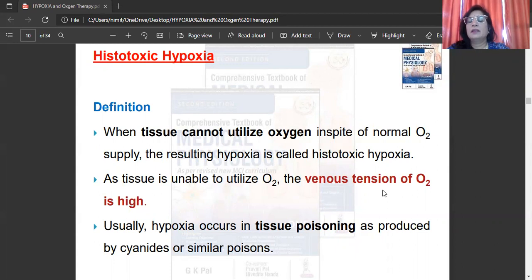Then, what are the signs and symptoms of hypoxia? Then, at the end of the lecture, you will also be able to know the treatment, how to treat the hypoxia.